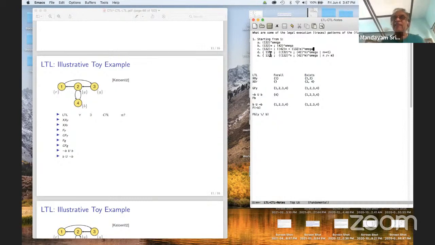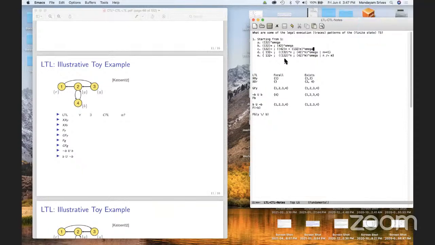So in a sense, what I'm saying is this is actually an aspect of property. The executions, of course, include this C also, but you cannot just constrain it to only accepting these kinds of things. Yeah, that's what I mean.